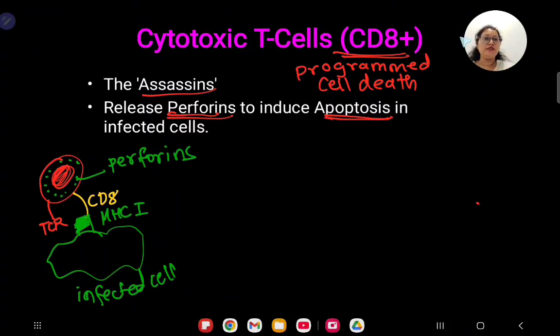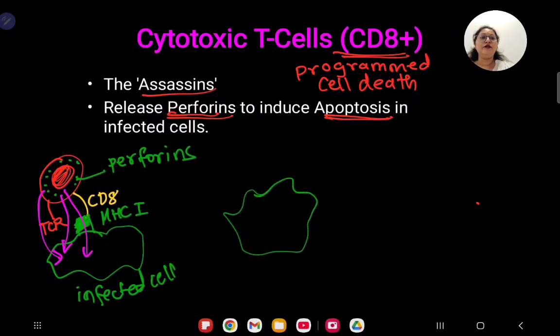These perforins are going to be released outside, and when they are, the infected cell will have certain pores in it. It will have those leaky channels that are getting formed. So these are the leaks, because of perforins.